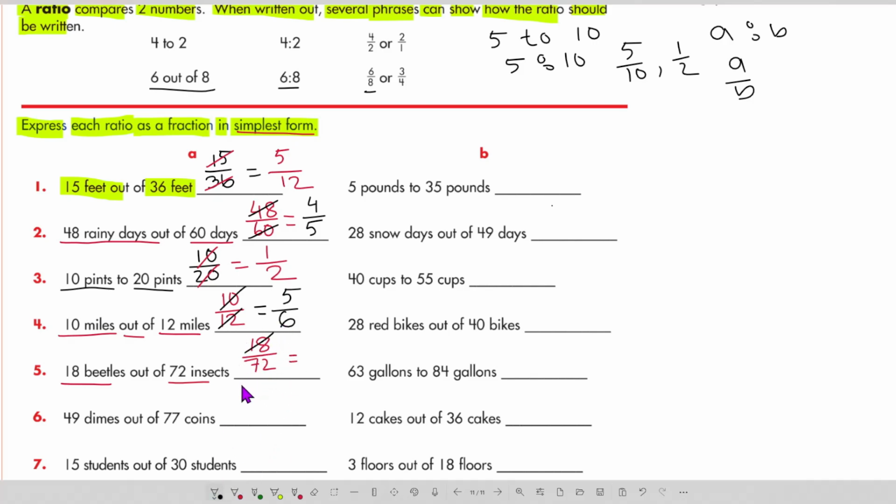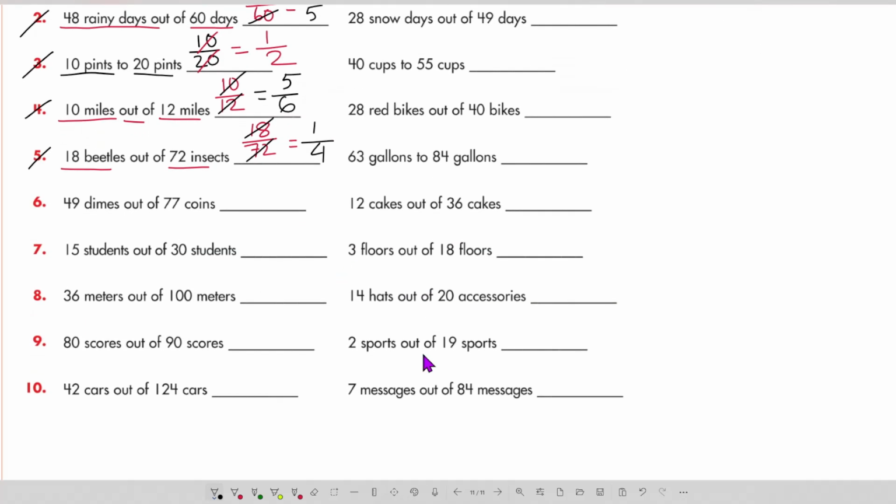So 18 divided by 18 is 1, and 72 divided by 18 is 4. So numbers 1, 2, 3, 4, 5 done. This is part A. Also here is part B, but we will finish it later. First we have to finish part A.